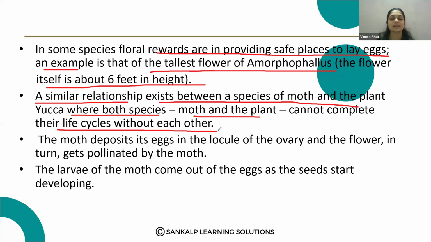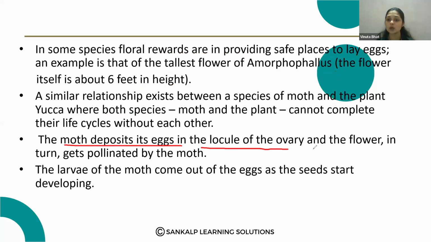So sometimes what happens, the insects lay the eggs inside the flower. So the flowers provide a safe place for the insect eggs. That is how there is a mutual relationship between the flower and the insect. The moth deposits the eggs in the locule of the ovary of the yucca flower, which in turn gets pollinated by the moth.